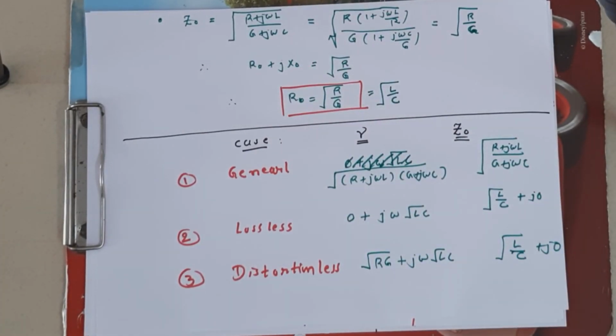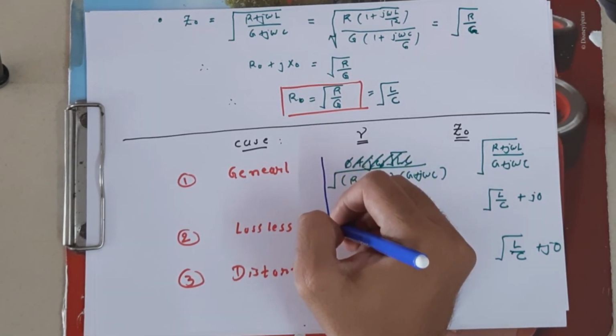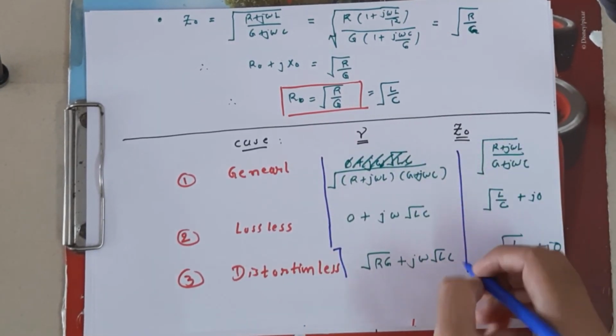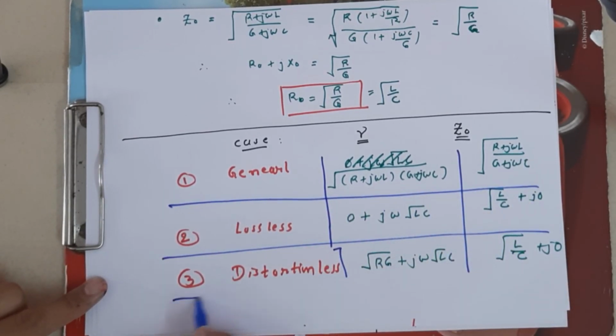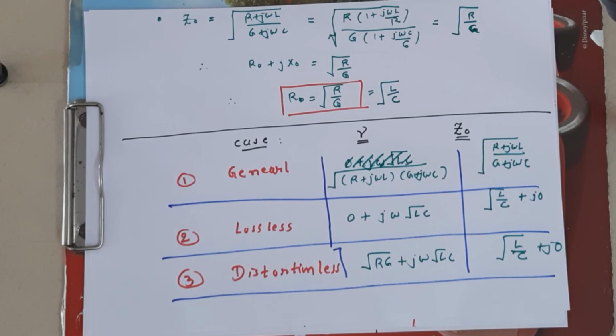Okay, so these are the different cases. The first case is the general case, the second case is lossless, and the third case is distortionless.